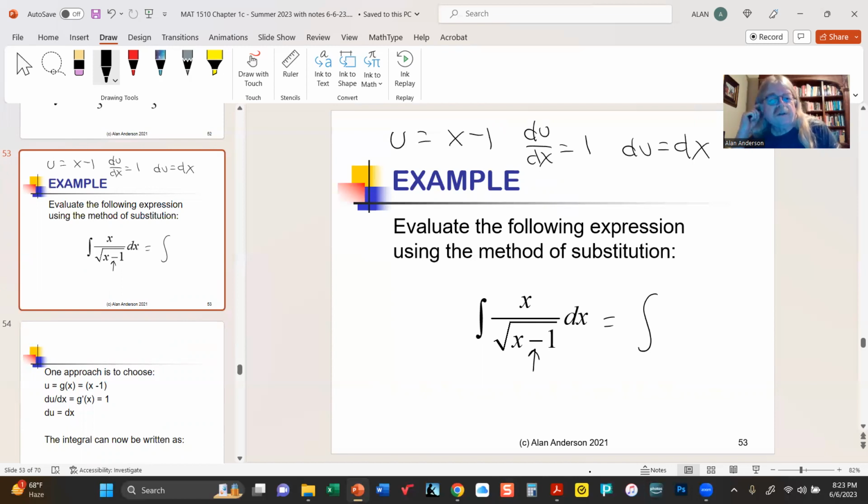Now here's an interesting result. This x, if u is x minus one, that implies that x equals u plus one. So we actually have u plus one here. Well, guess what? That proved to be a bad choice because if you can see, it's a mess.